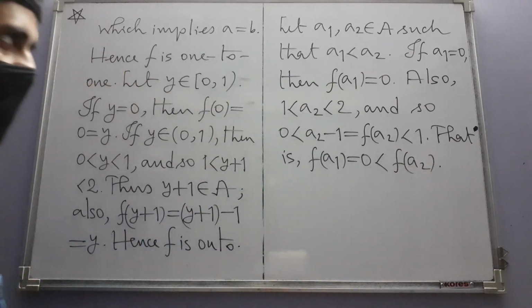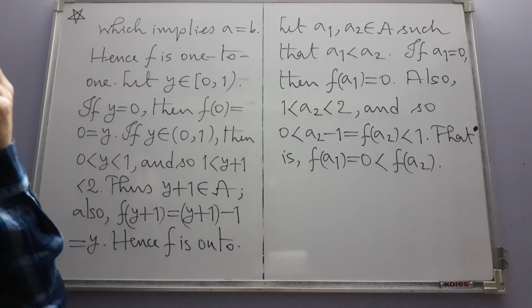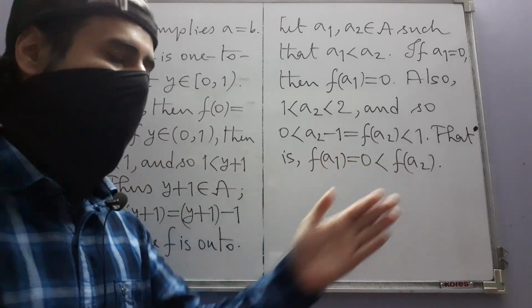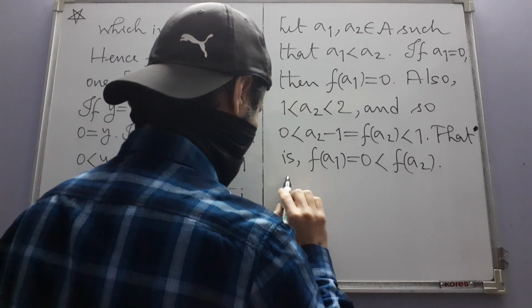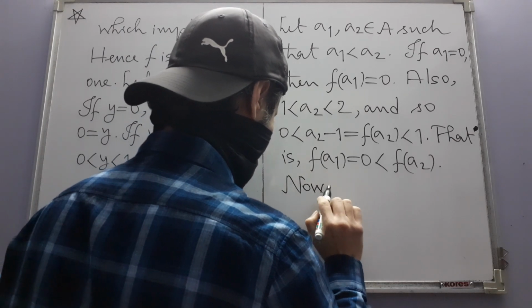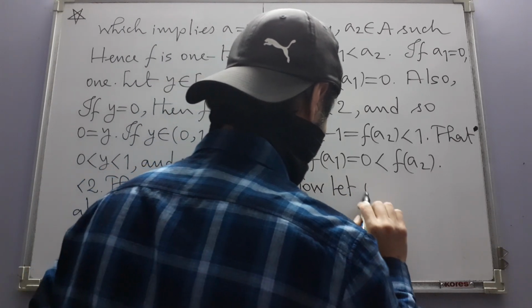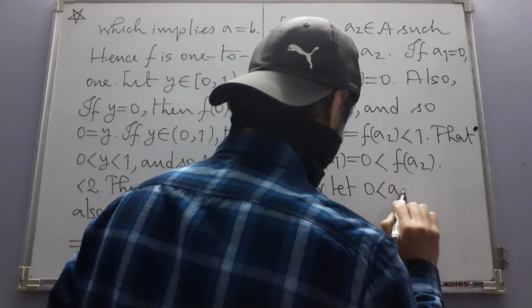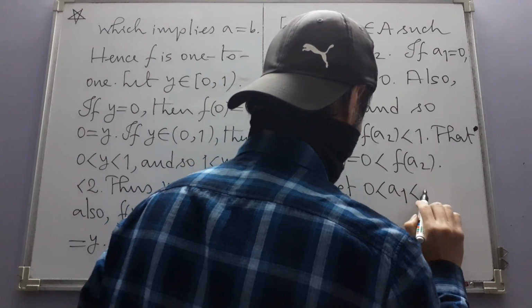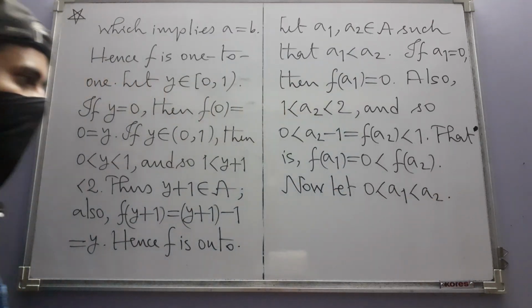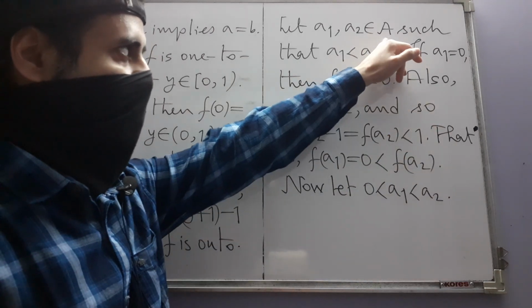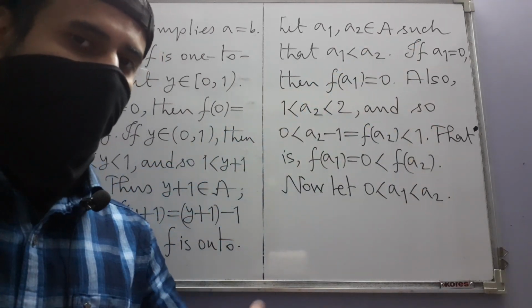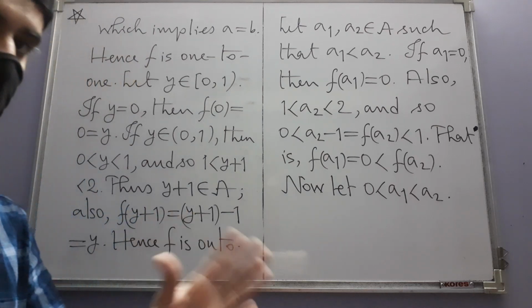So in this special case where A1 is 0, we have been able to show that f preserves order. Now let A1 be also not 0, then it will be greater than 0. Now both A1 and A2 will lie in that open interval (1, 2) in A, which is the other part of A.